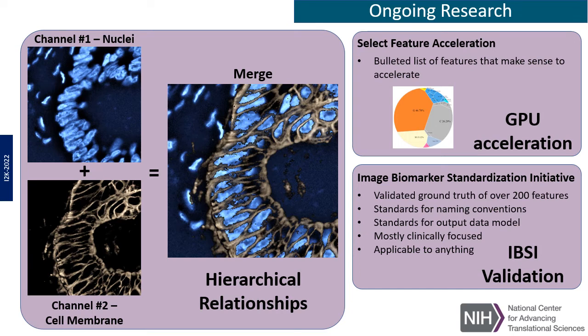Another point of active development is recognition of hierarchical relationships between segments and calculating smarter aggregated features using knowledge about relationships. Also, we perform results validation through the Image Biomarker Standardization Initiative.